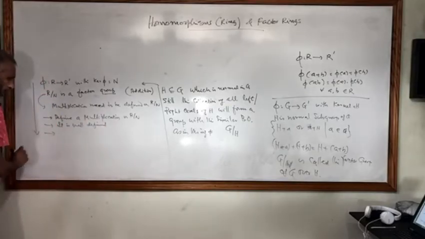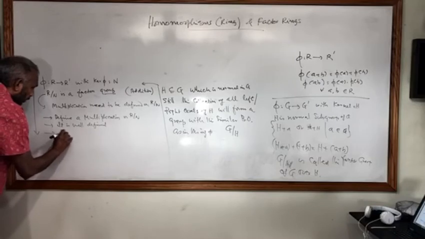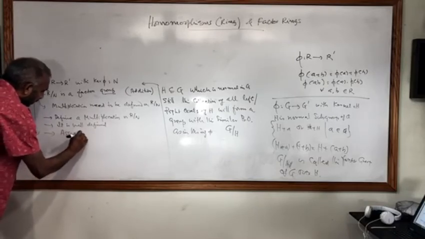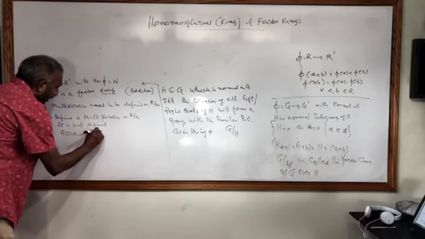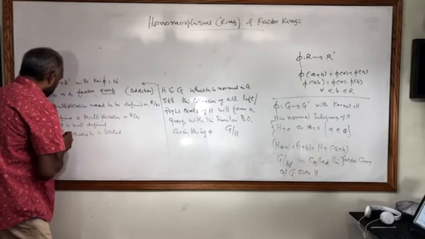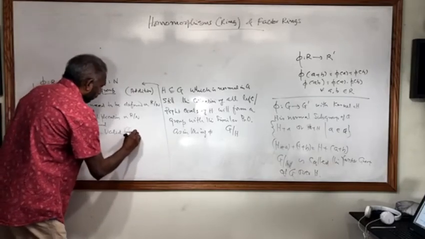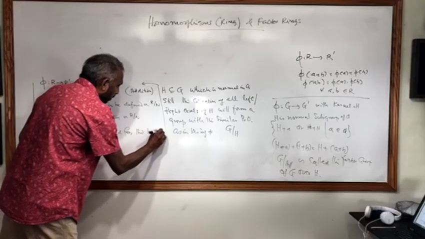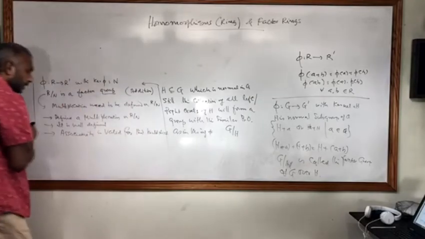Then we need to show that associativity is valid for this multiplication, or the multiplication is associative.